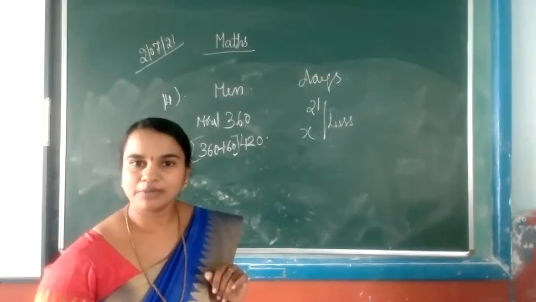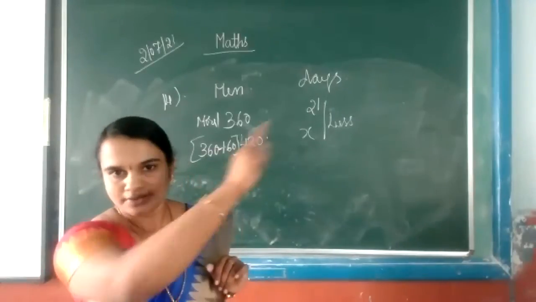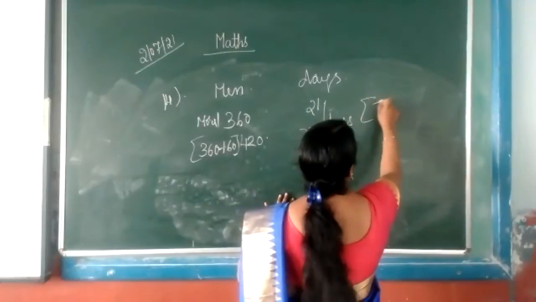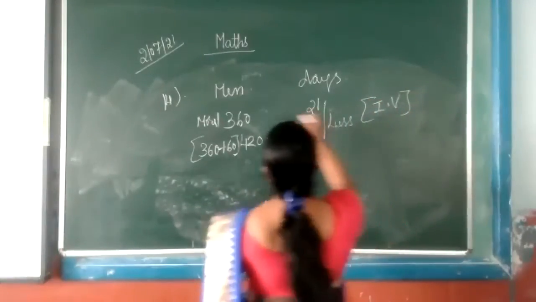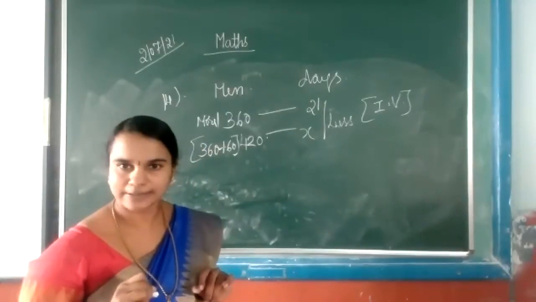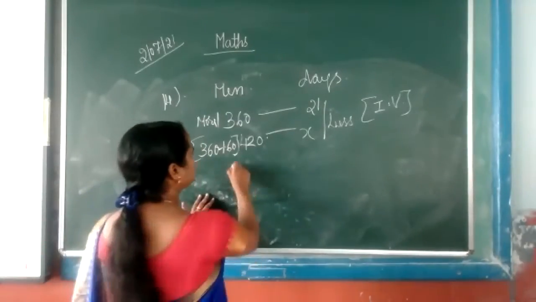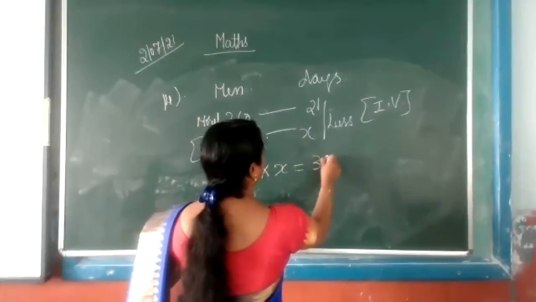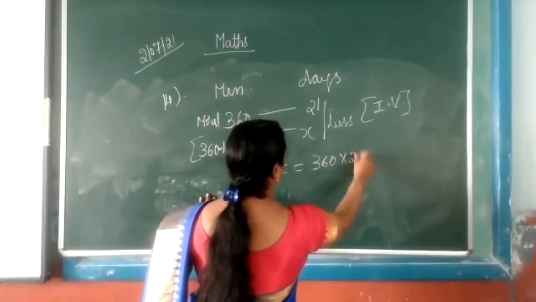Indirect. So for indirect variables, what do we have to do? Direct multiplication. So 420 into x equals 360 into 21.